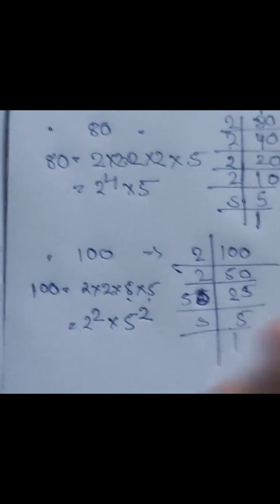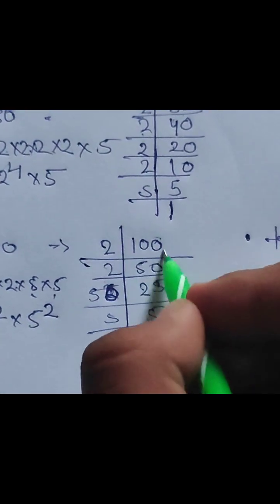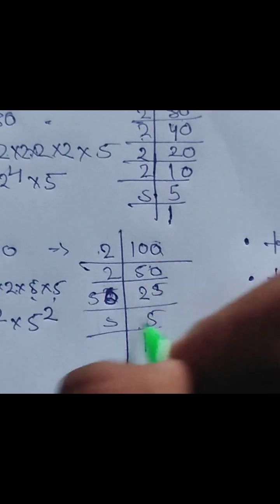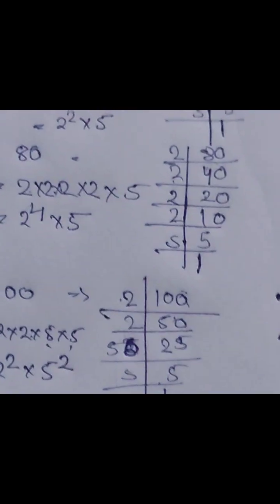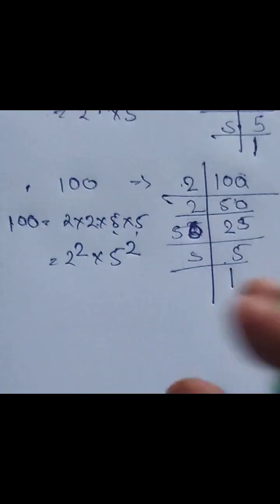These are some facts. Now moving to our questions: 100, the unit digit 0 is a multiple of 2. For 5 we will cover it in the next video similarly.